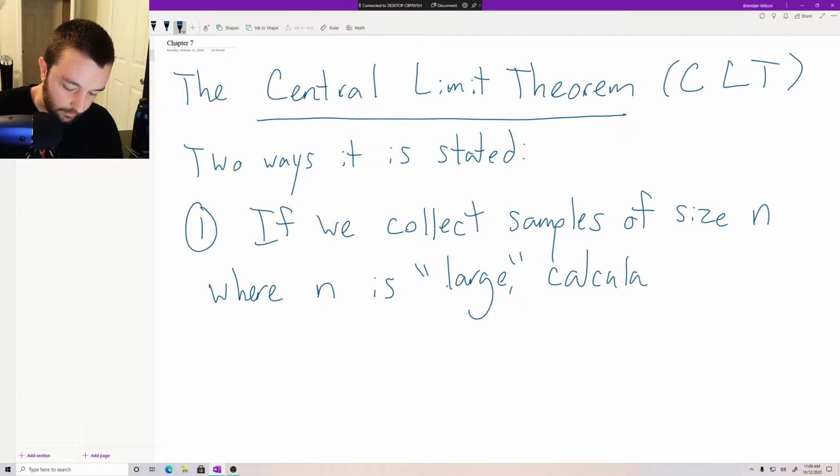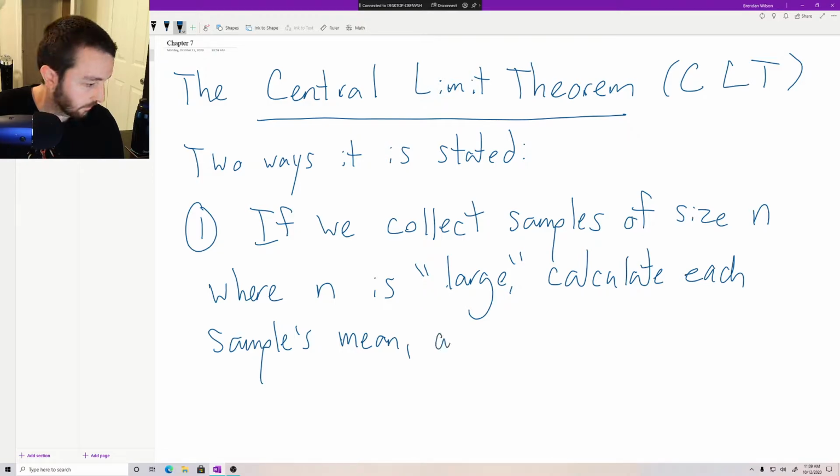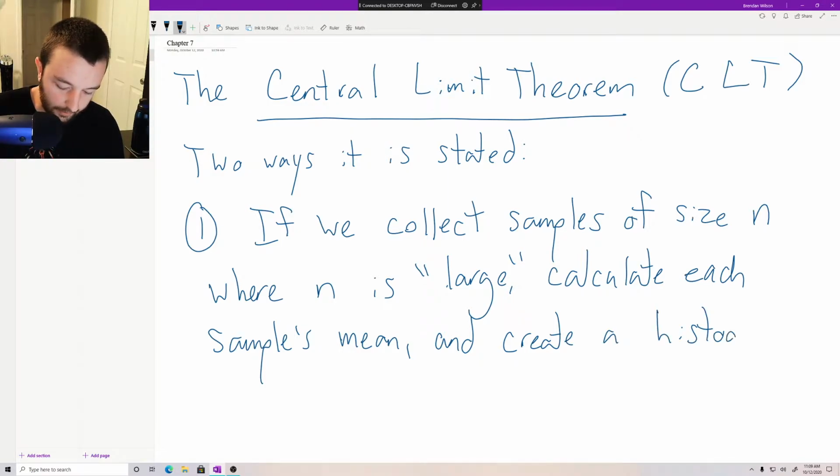Calculate each sample's mean and create a histogram, which is essentially a bar graph.